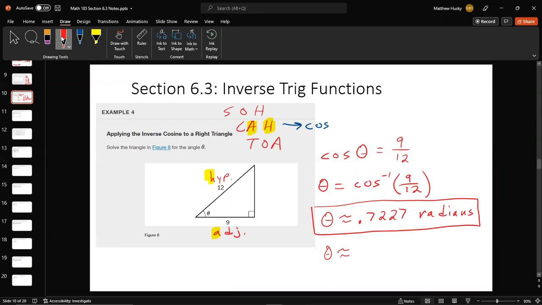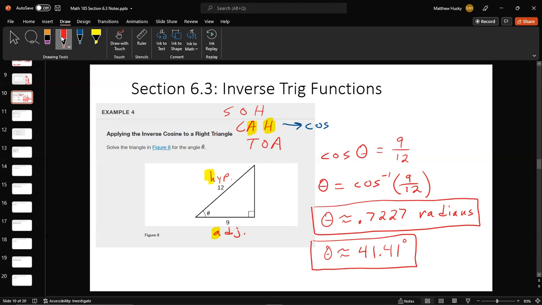So the degree equivalent is 41.41 degrees. So depending on what units you're operating in and what you're asked to provide, you can switch the mode of the calculator you're using and provide whatever it is that you're after.